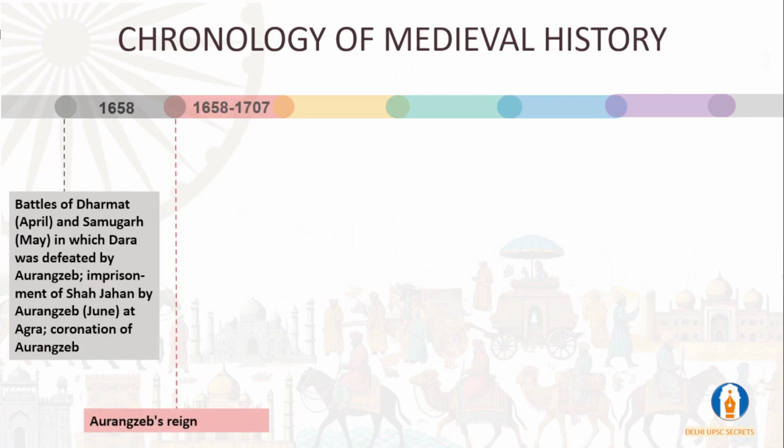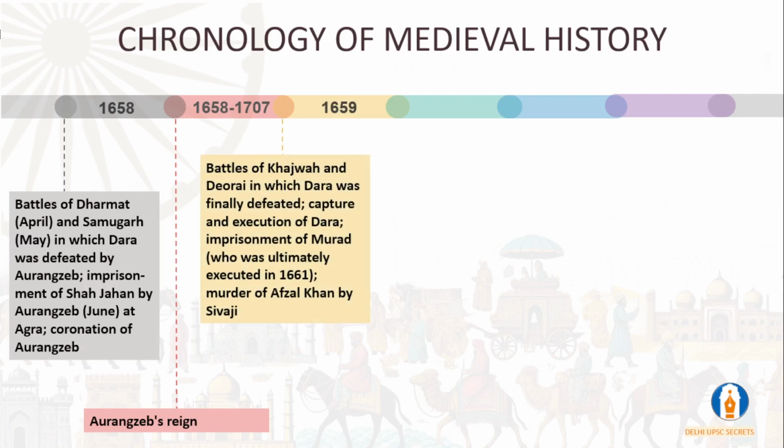1658 to 1707 is the reign of Aurangzeb. In other words, we can say Aurangzeb is considered the last important Mughal ruler, because next to Aurangzeb we see the decline of the Mughal Empire. 1659 AD, the Battle of Khajwa happens, in which Dara was finally defeated and the execution of Dara happens, imprisonment of Murad happens, and the murder of Afzal Khan happens by Chhatrapati Shivaji.